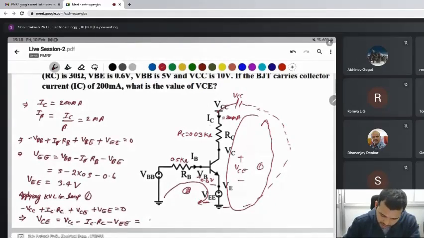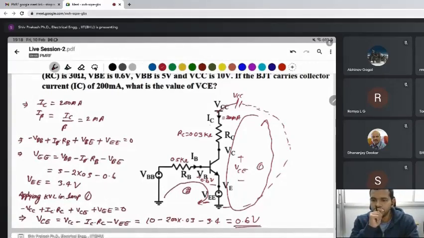VCC is given 10 volt minus IC 200 milliampere into 0.03 kilo ohm minus VE 3.4 volt. I think we find 0.6 volt VCE. Question number 3.